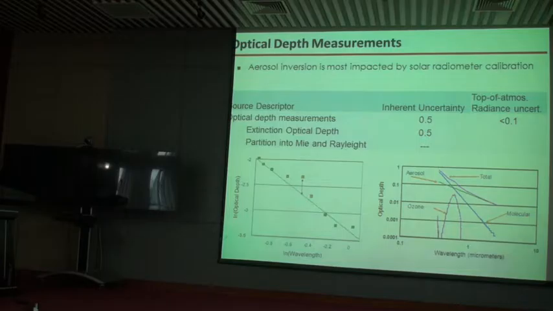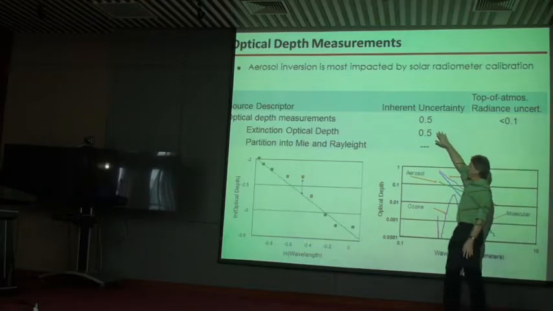So we're a little bit of ways from doing this in an absolute uncertainty, but in terms of optical thickness, this matches what the AERONET group is getting, and they rely primarily on an absolute calibration of the laboratory combined with a Langley method. So there's some consistency there.